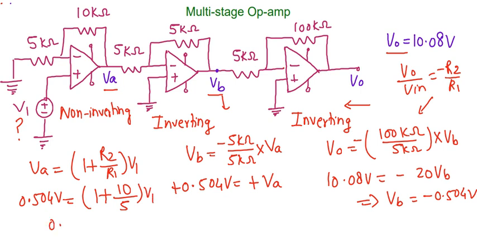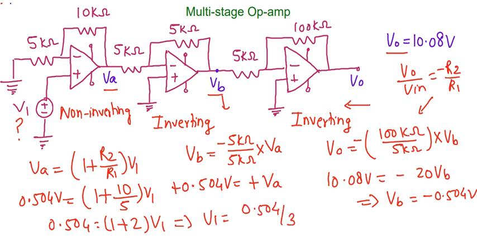So 0.504 equals 1 plus 2 times V1. From here we can calculate that the value of V1 will be 0.504 by 3, so it is nearly equal to 0.168 volts.